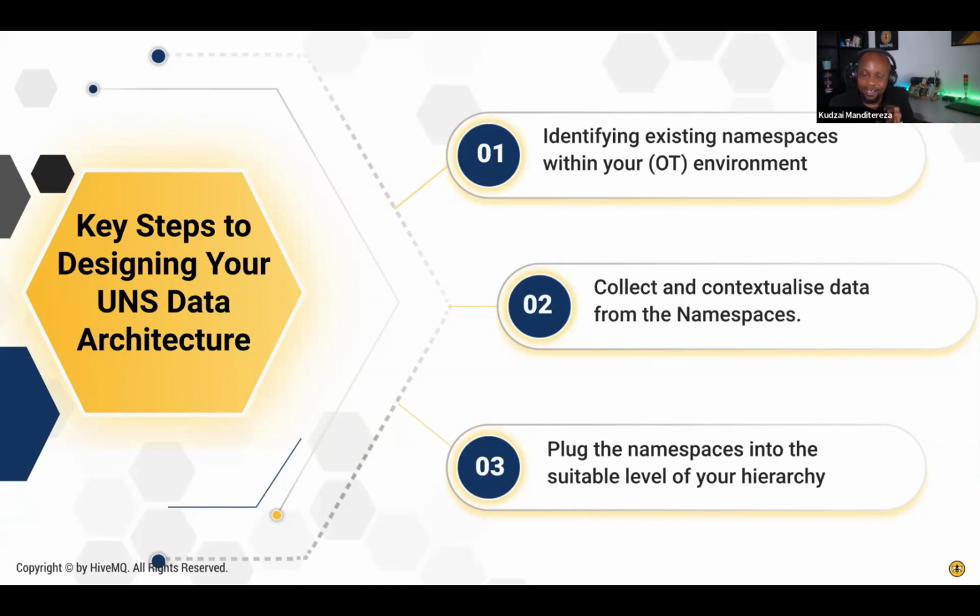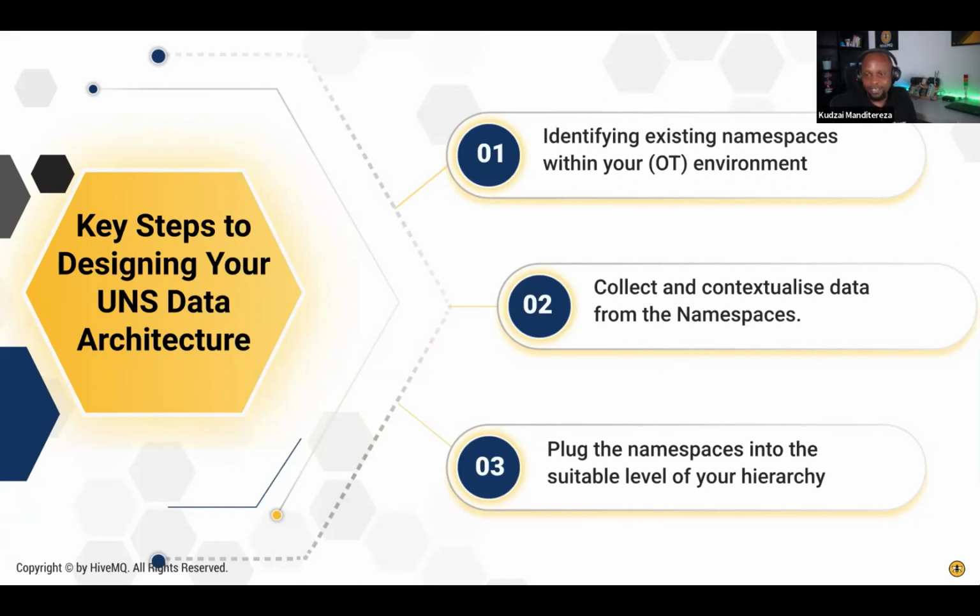So this is where that DataOps layer helps you to then contextualize the data, create those namespaces, and then once you've done that, you then plug those namespaces into the suitable level in the hierarchy where it makes sense for that data to live.